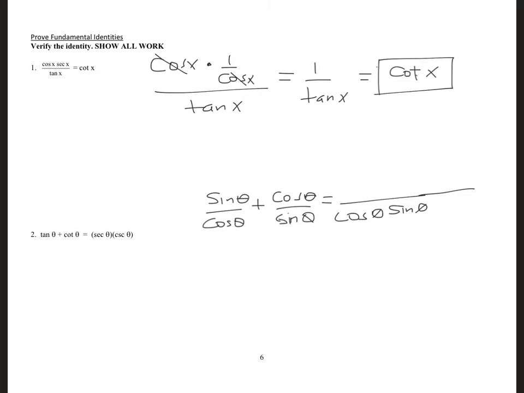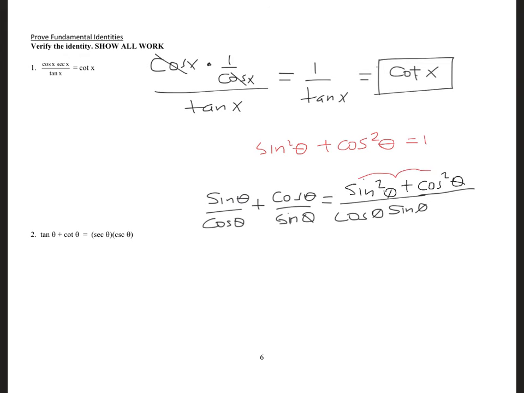So what am I going to get? I'm going to get sine squared theta plus cosine squared theta. And when I do that, what do I get? Using the Pythagorean identity, sine squared theta plus cosine squared theta, I know this is equal to 1.